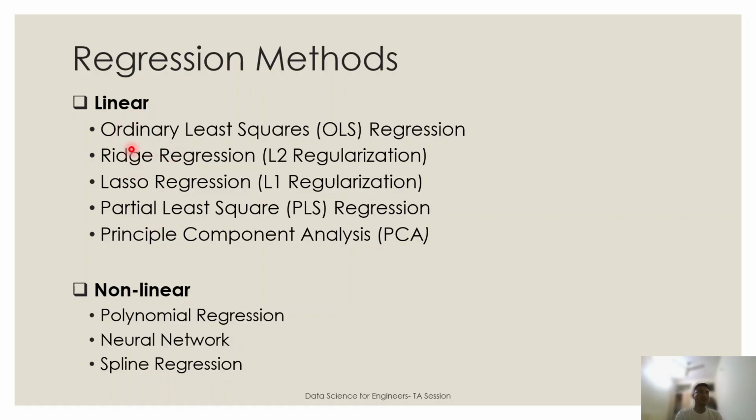In linear regression, there is ordinary least squares regression, ridge regression, lasso regression, partial least squares regression, and principal component regression. So why not have only one, such as OLS regression, which is the simplest? Because each regression has its own benefits. Ridge regression and lasso regression have their own benefits.